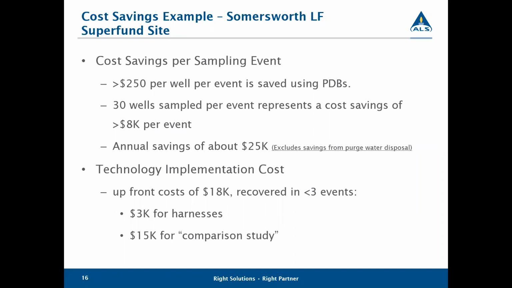You're able to save about $250 per well per event using passive diffusion bags to sample for VOCs. This particular site had about 30 wells sampled per event. So I'm really saving about $8,000 per event, annual savings about $25,000, plus any additional savings that you might get from having to dispose of the purge water and that sort of thing.